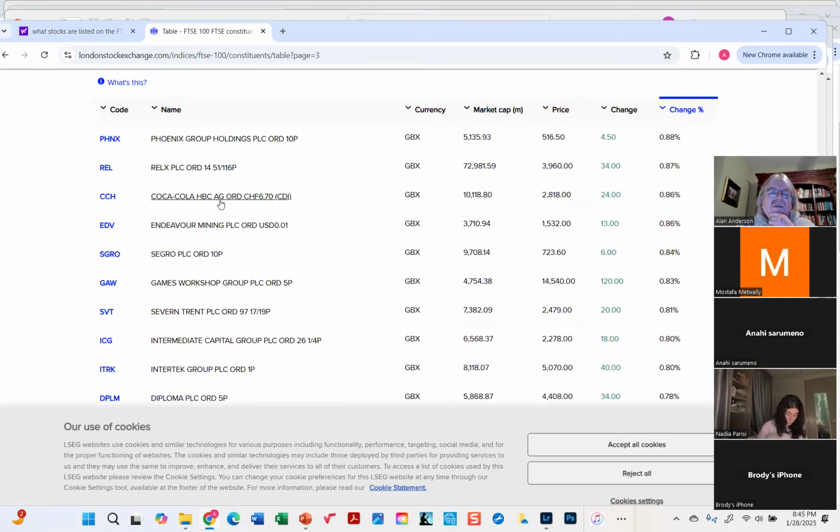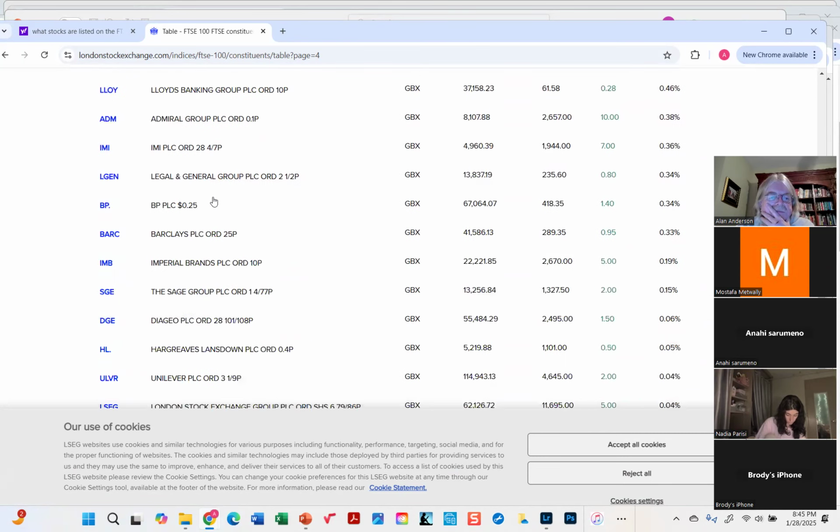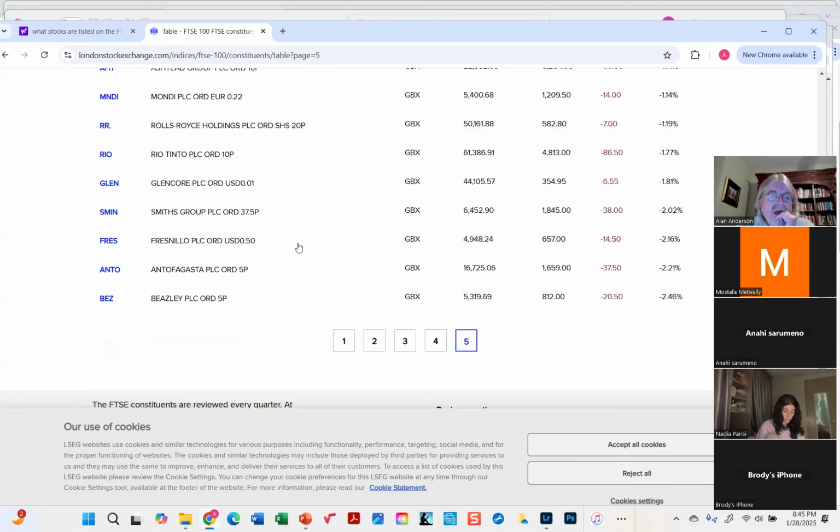That would be the British branch of Coca-Cola, I guess. Look at that, British American Tobacco. No, this is wild. I'm not recognizing a lot of these companies. But if I want to buy Unilever, well, this is an American company, but they must have a British division that issues stocks in pounds because they need the money in pounds. Wow, this is interesting. But you can see I can buy any of these in the international stock market.